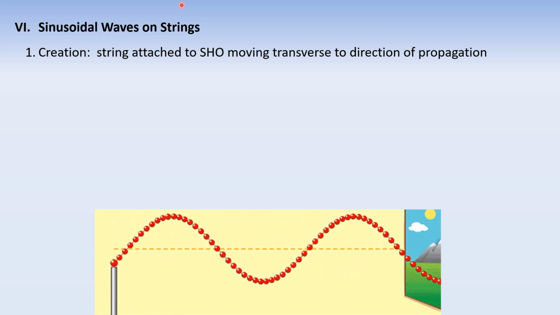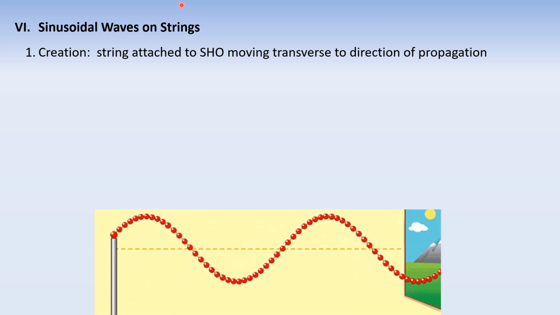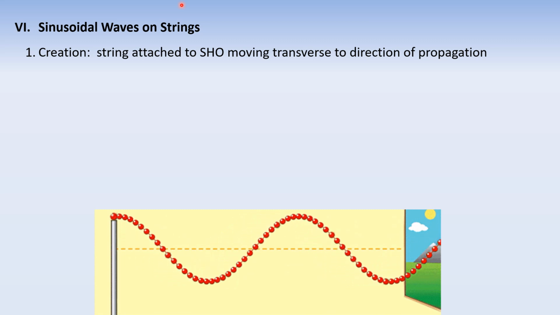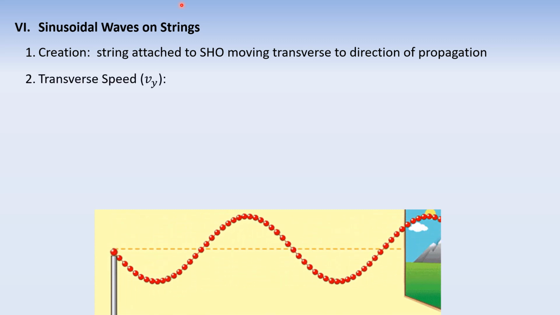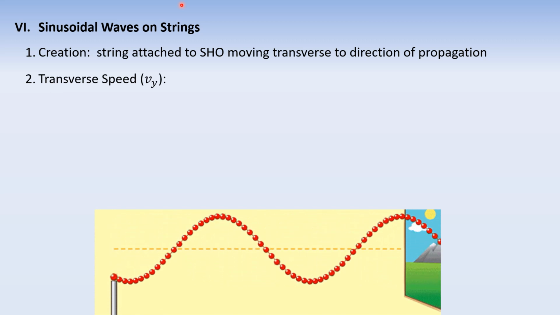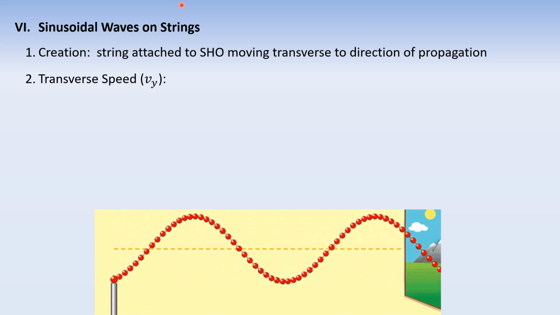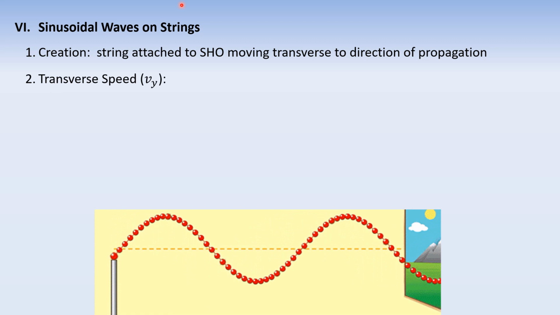So when one end of the string is attached to a simple harmonic oscillator, you will create a sinusoidal traveling wave in the medium.